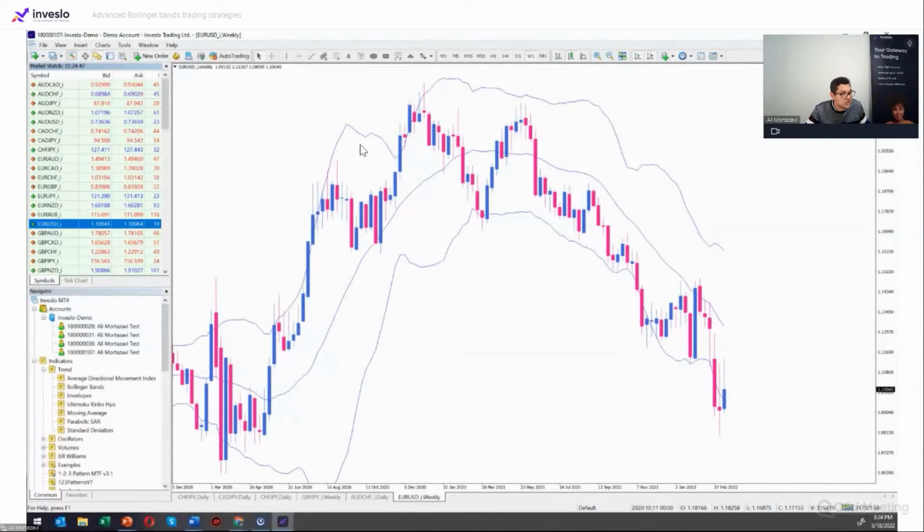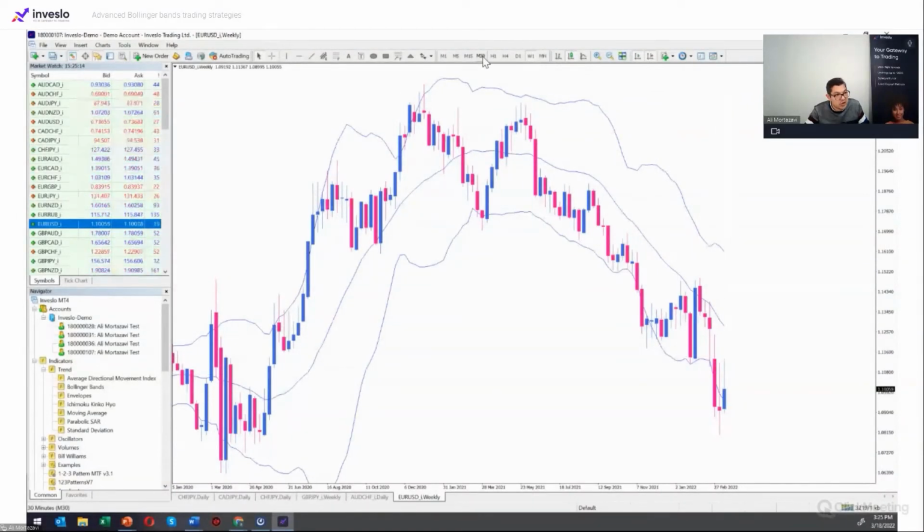For example, here you see the EUR/USD on a weekly basis. Last week prices actually closed below the lower band, which means they are at their extreme low compared to the last 20 weeks. And now they are trying to recover from that low.